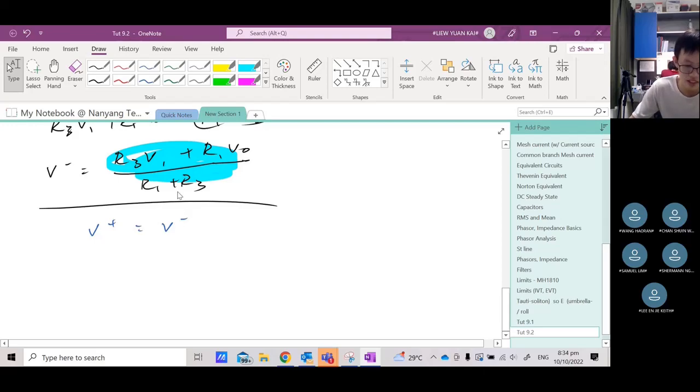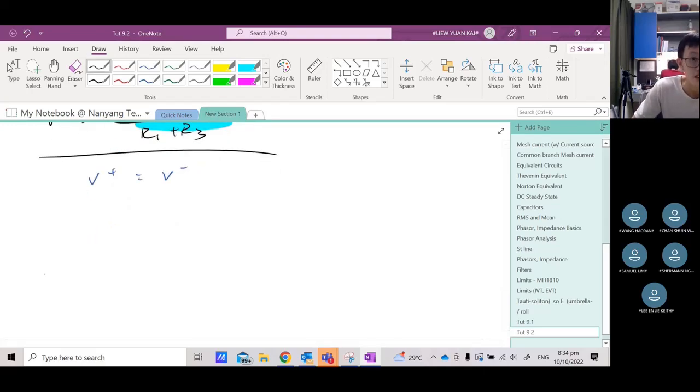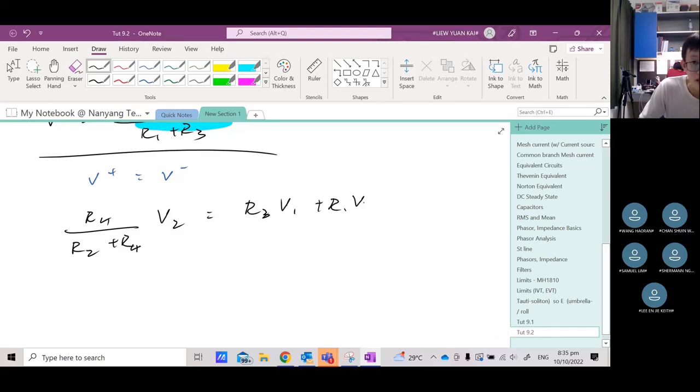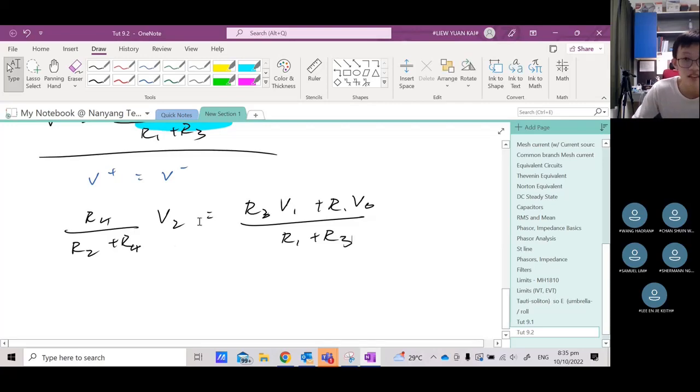Let me just check my working if I'm correct. Okay, yeah. So with that, we can say R4 over R2 plus R4 times V2 equals R3 V1 plus R1 V out over R1 plus R3.